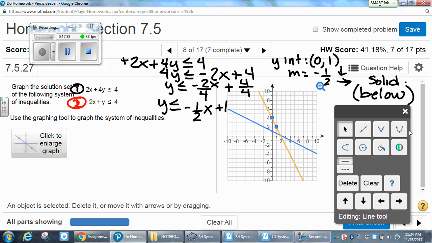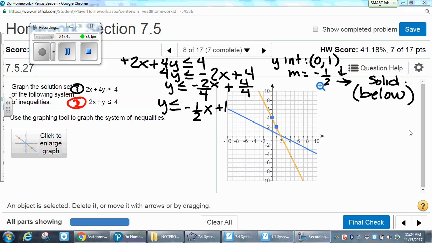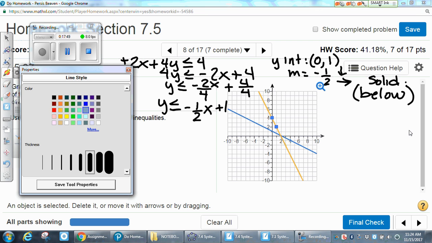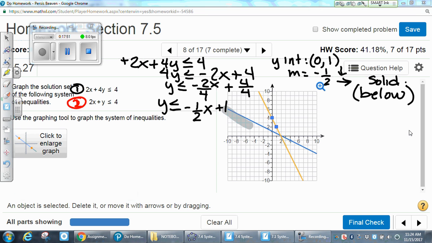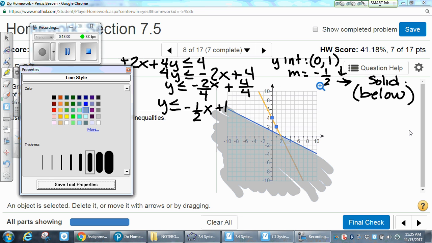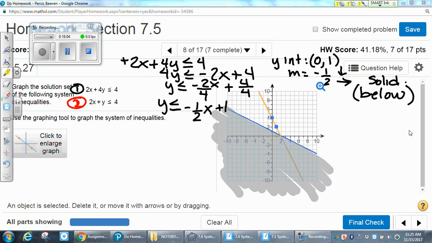So let's see. For the line that you guys see that looks blue, we know that we were going to color below, right? So if I color below, it'll look like that. And then if I color also below for the yellow line, that will be here.